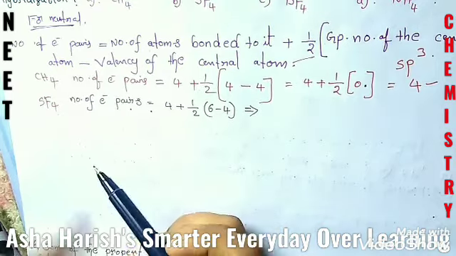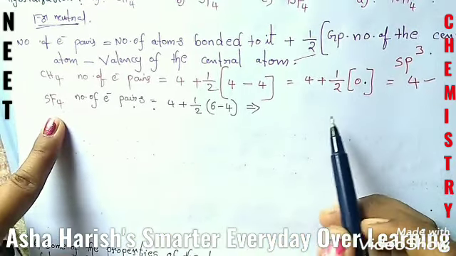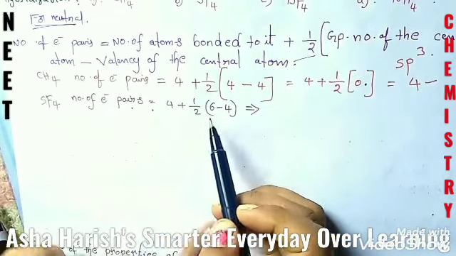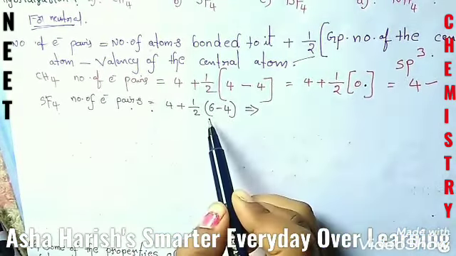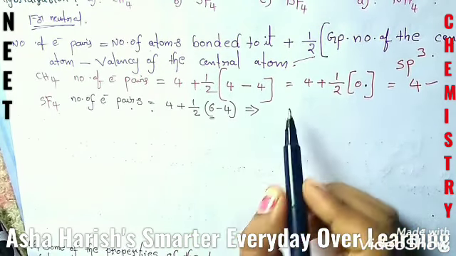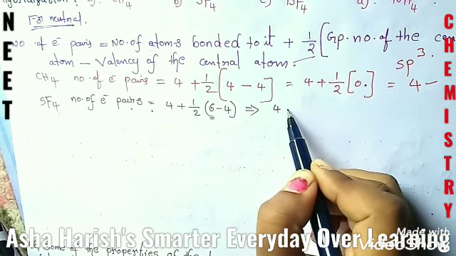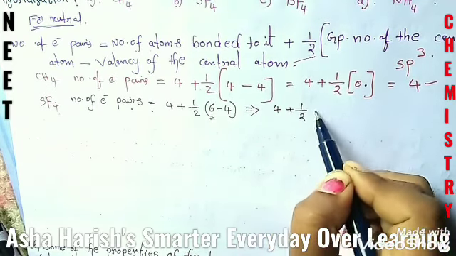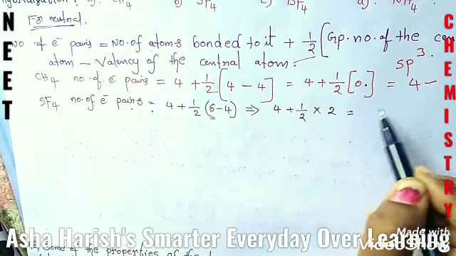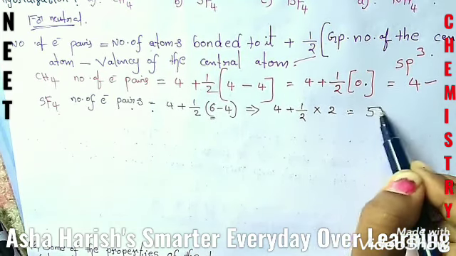Here also the same, one sulfur combines with 4 fluorine atoms, so you need to take 4 here, plus half into the group number of the central atom, that is 6, minus 4, the valency electrons of the sulfur. Let's see the calculation for this. 4 plus half into 2, right, and what number have we got here? Number 5.